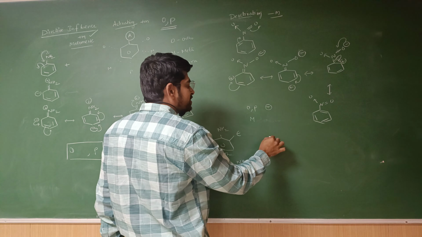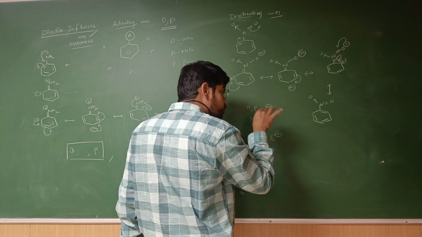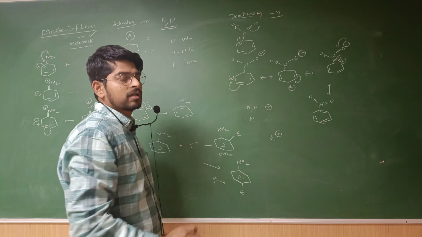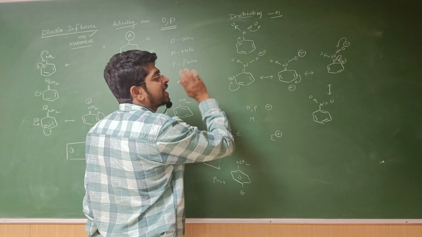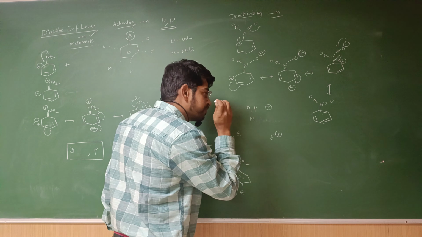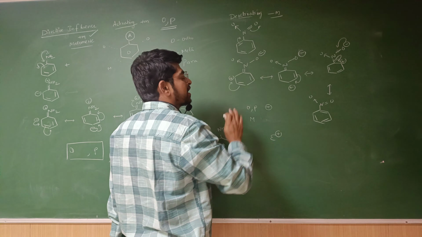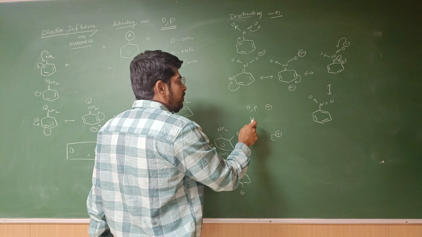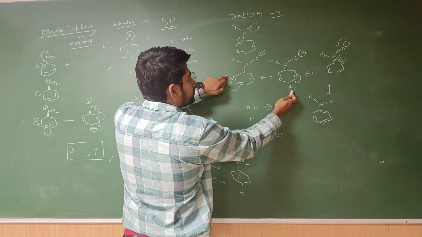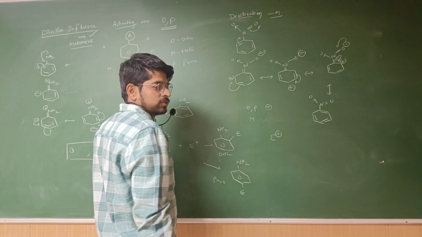So now imagine the scenario if an electrophile has to attack. Generally it won't prefer to attack this because electron density is less. If there is benzene and nitrobenzene, it will prefer to attack benzene but not nitrobenzene. But if there is no other option and it has to attack nitrobenzene, what do you think? Will it attack at this position and this position, or will it prefer the meta position?